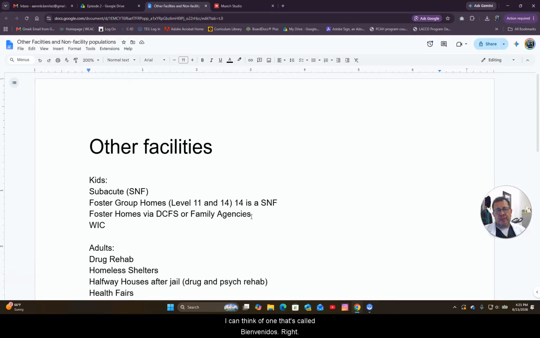I can think of one that's called Bienvenidos, right? Means welcome in Spanish. And so that family agency works directly with DCFS, but the foster parents go through the family agency. So it's an intermediary. I can't ever say that word. So it's like you're a subcontractor.